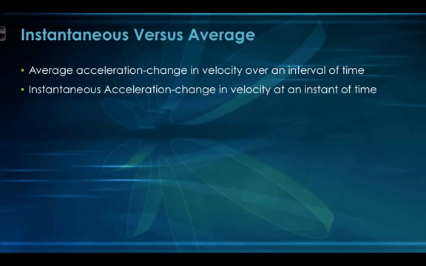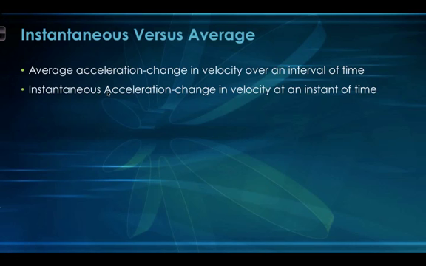And an instantaneous acceleration will be the change in velocity at a very specific point in time. So what would be the acceleration at 2 seconds, at 5 seconds, at 6 seconds? With instantaneous acceleration, you'll usually be given a graph just like with instantaneous velocity, and then you can calculate it from that point.